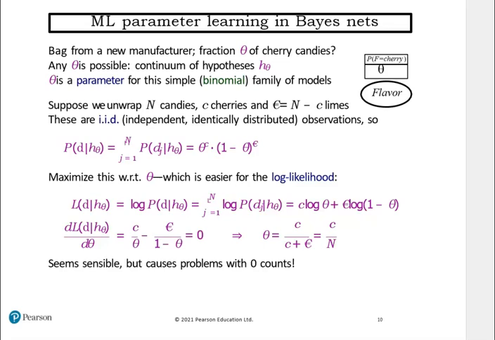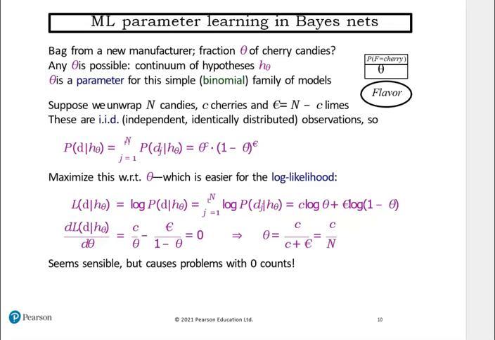Now, it's not realistic. According to this model, we will say that theta is 0 because C is 0, right? We haven't opened any cherry candies. Now, that's probably not realistic and incorrect. It's just that we didn't collect enough data to make an accurate prediction yet.